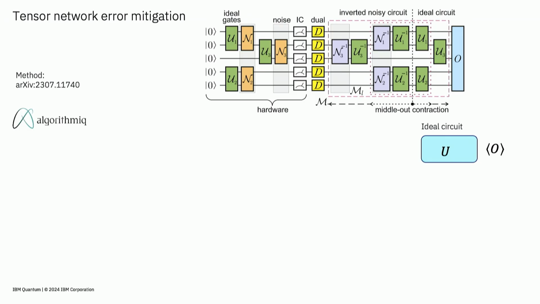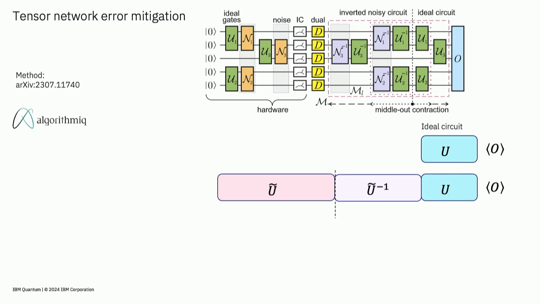This is not what we have access to on current hardware. We only have the ability to execute a noisy version of that U. So that first block can be remodeled as something like this, where you have a noisy version, its inverse, and the ideal block again. And once again, on this effectively ideal block, I want to measure this observable O, right?